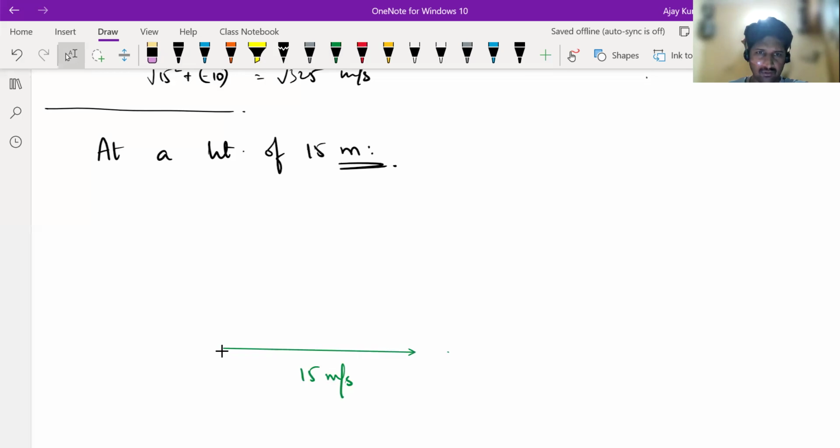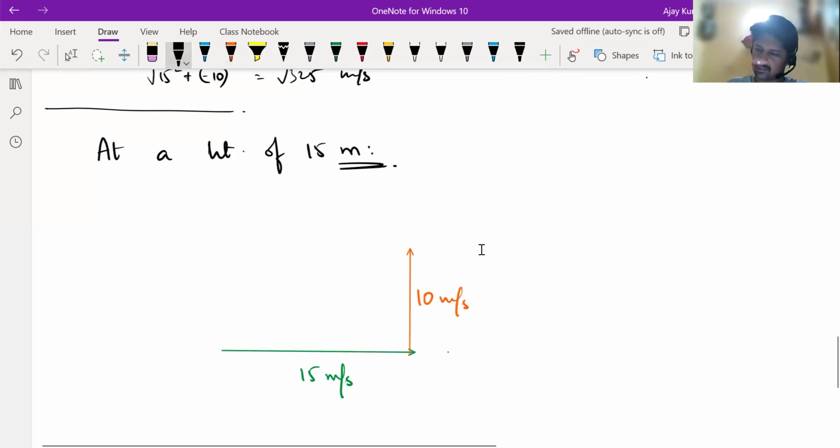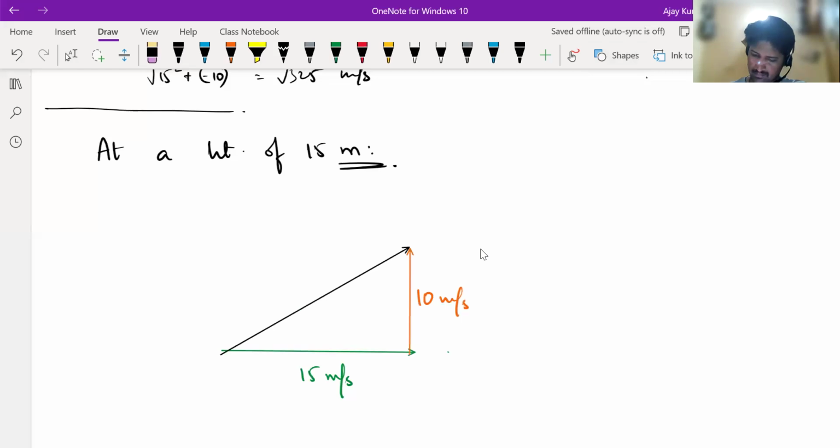And we found out the y component to be 10 meters per second. So visualize the y component, 10 meters per second, so it should be shorter, somewhat like this. And the complete velocity vector is from here to here, 15 i cap plus 10 j cap.